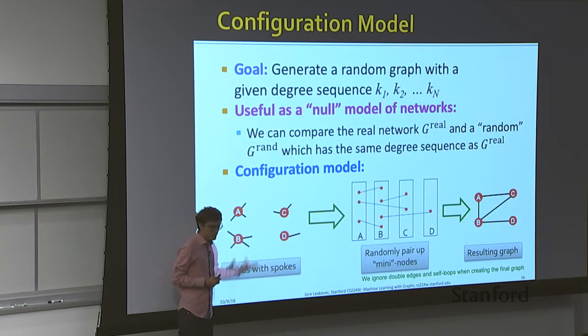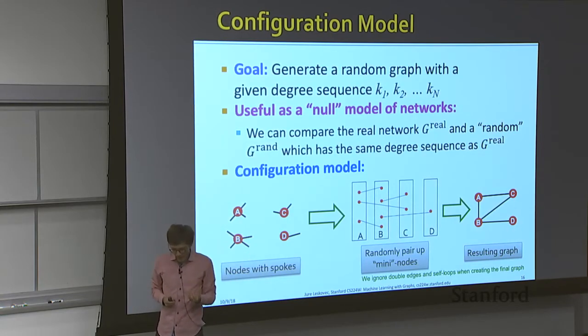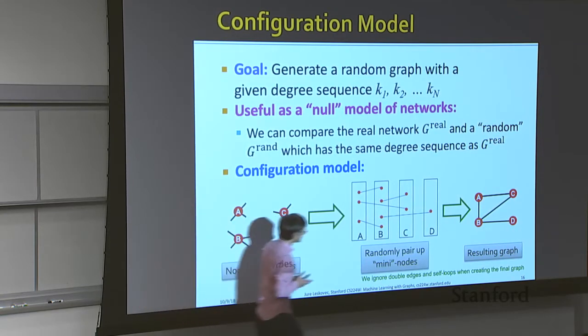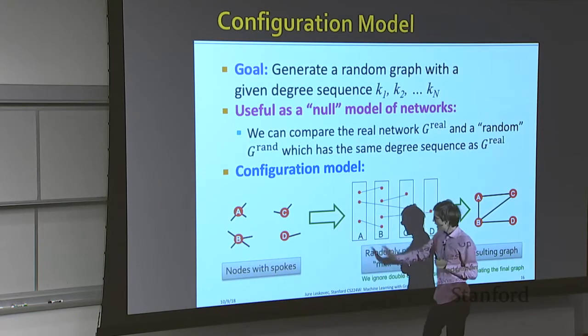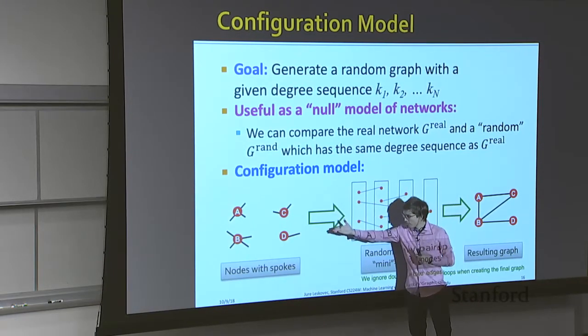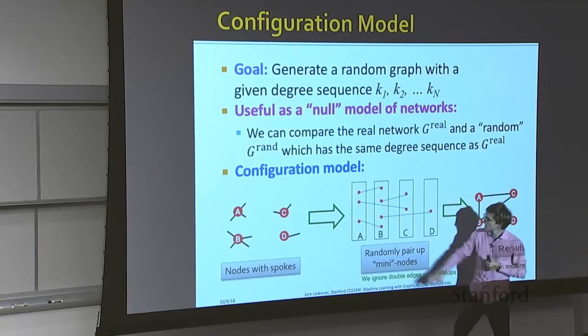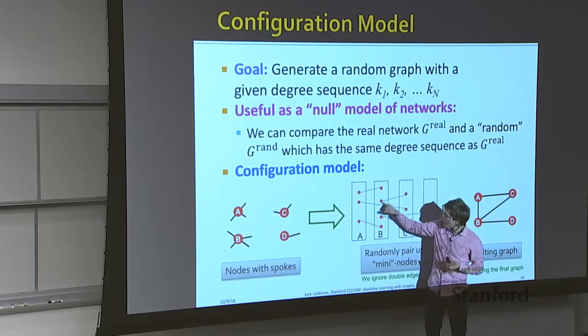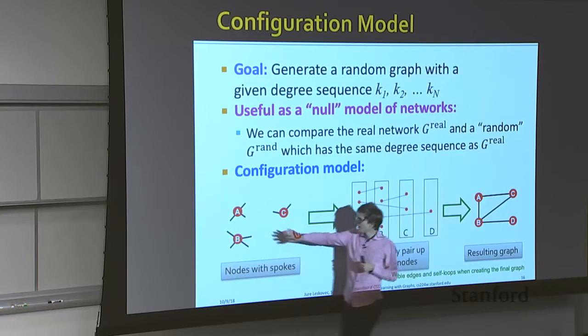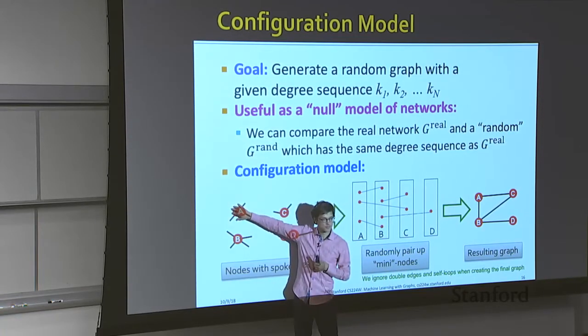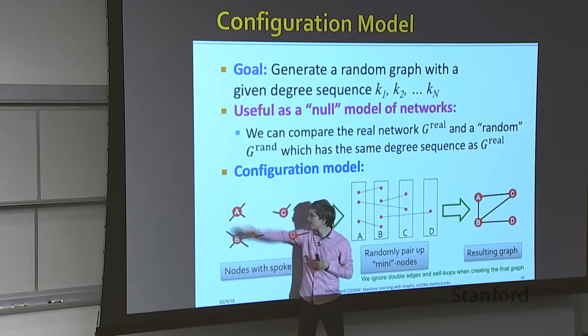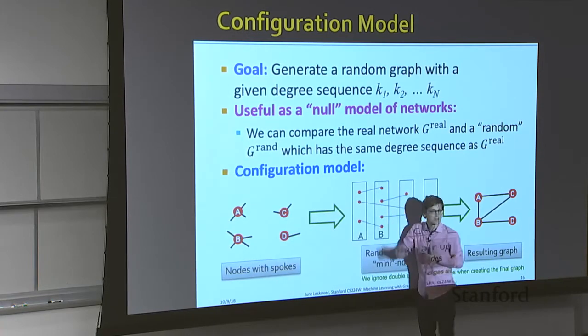One way to do this is the following. If you have 4 nodes on the left, you generate 4 partitions where the number of circles in every partition is exactly the degree of that node. So node A has degree 3, so it gets 3 little circles.